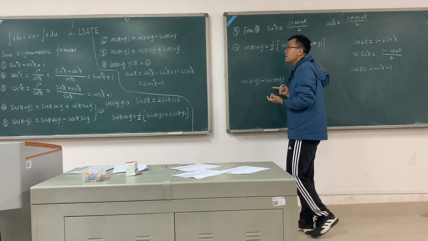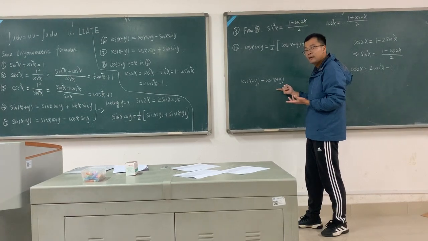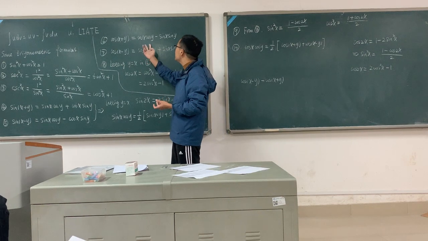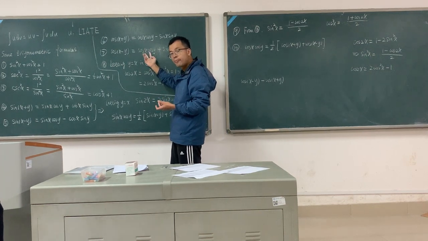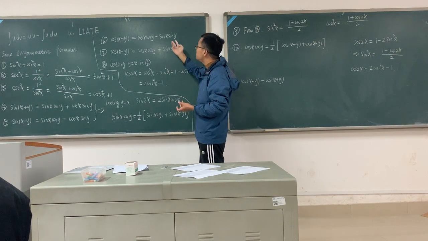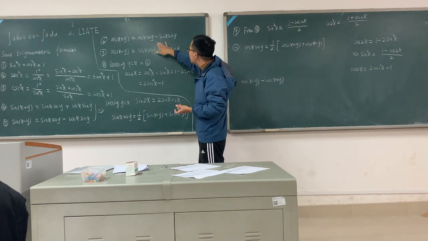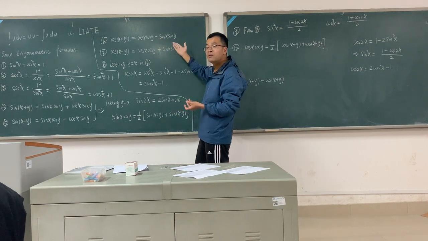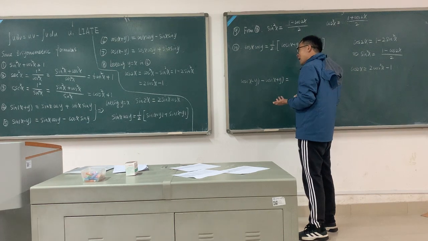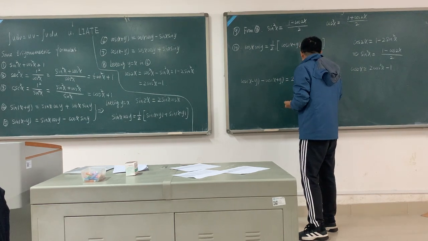The difference of the right hand side: the difference of these two terms is 0, and the difference of these two terms is sin x sin y minus sin x sin y. So actually the difference of the right hand side is 2 sin x sin y.